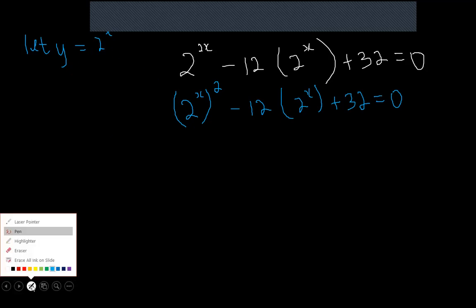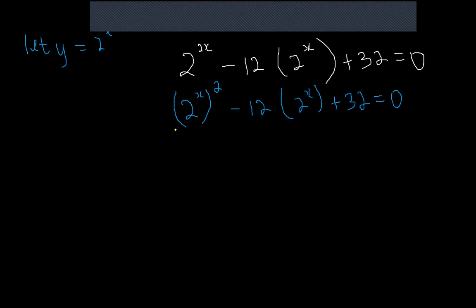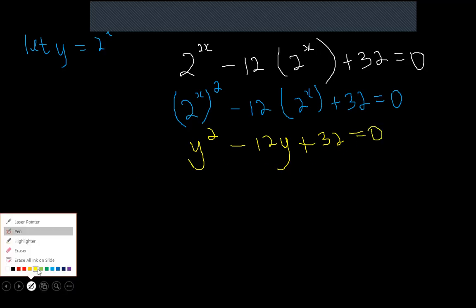So just by looking at this, I can tell that this is going to be a quadratic, because this would be y squared minus 12y plus 32 is equal to 0. And this right here, this is a quadratic.